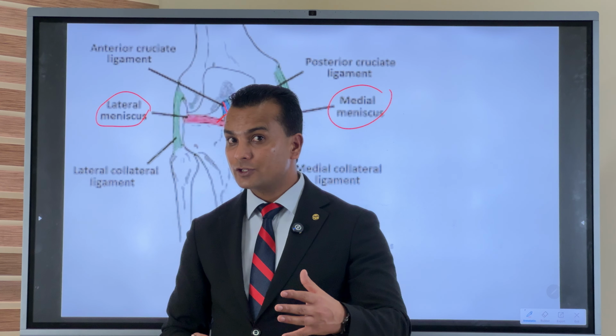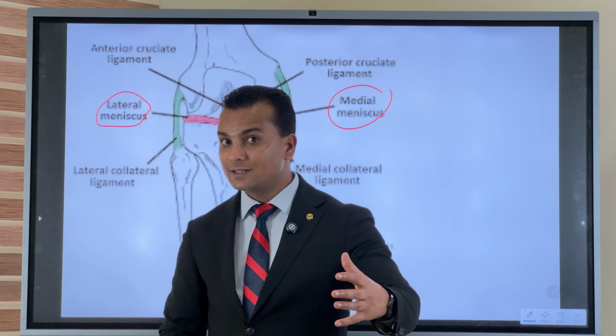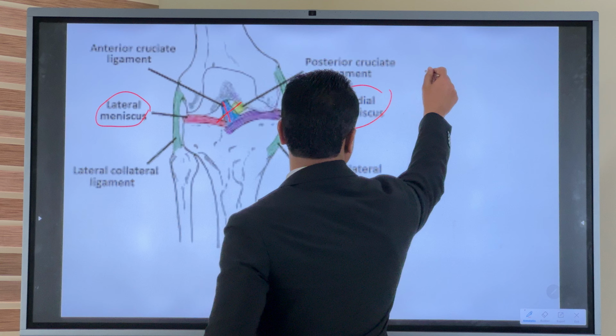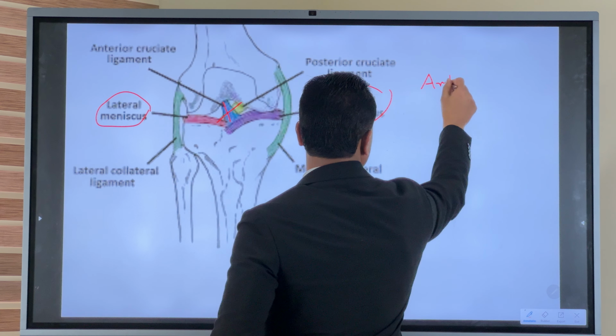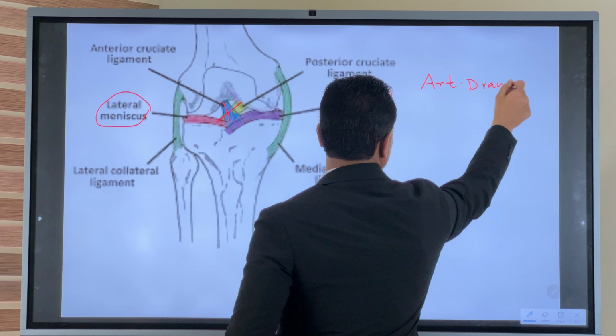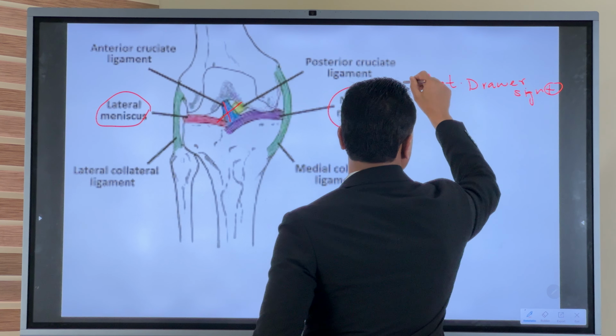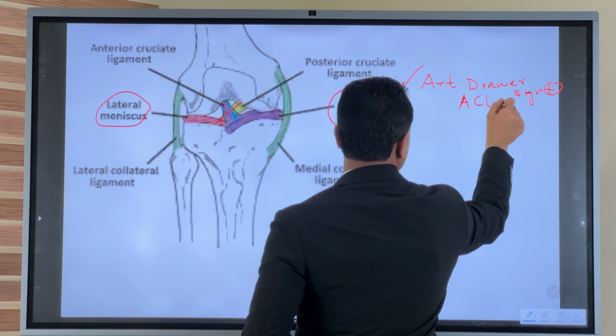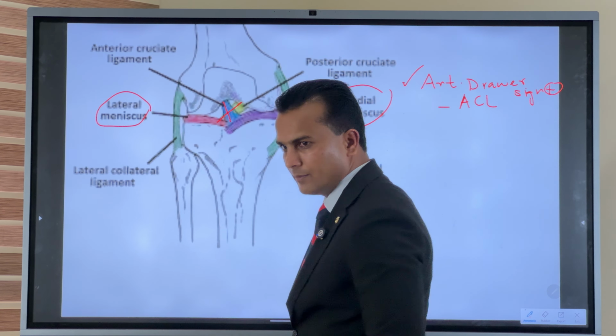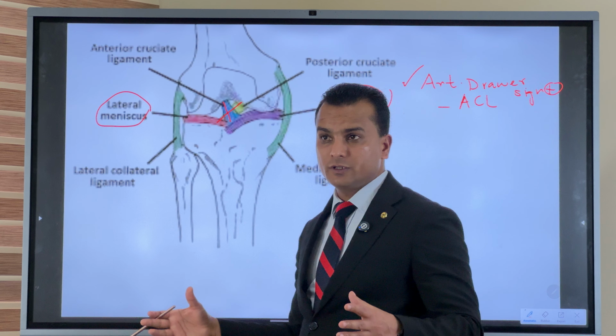This is called the anterior drawer sign. The anterior drawer sign is positive in case of injury to the ACL, which is commonly ruptured, especially in athletes.